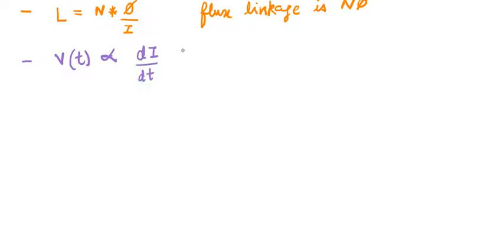And when we remove this proportionality sign, then a constant comes into picture, V equals L di by dt, and this constant L is known as inductance.